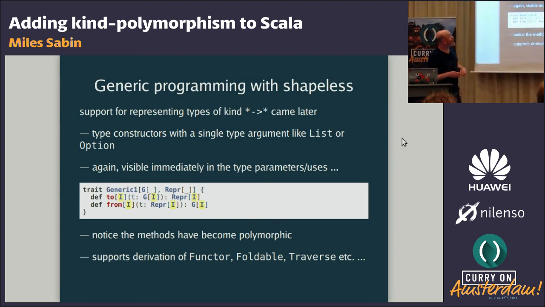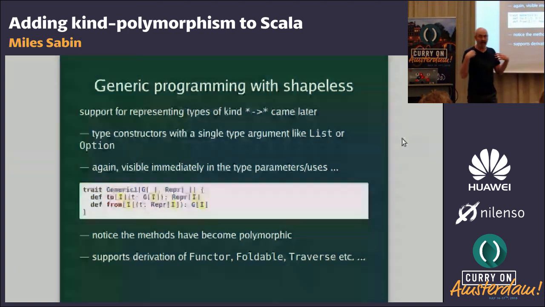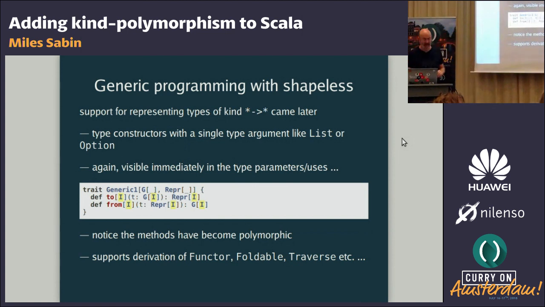So, for example, with the plain generic, we can do interesting, useful things like define encoders and decoders. With things like generic one, we can automatically define type class instances for things like functor, foldable, traverse, and those kinds of things, which are very interesting.